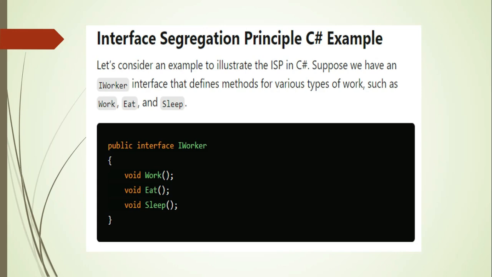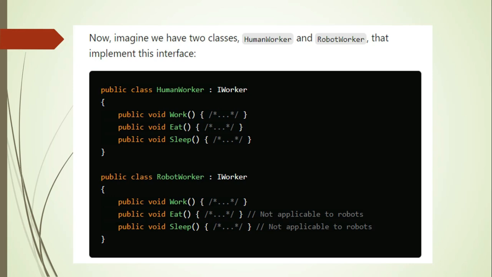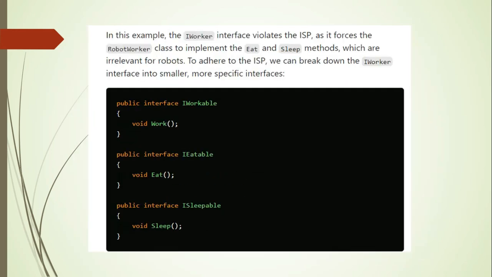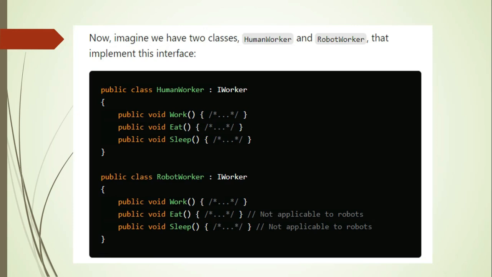Now we must define the derived classes, the clients, which will implement these behaviors in detail. So we have a public class HumanWorker inherited from IWorker, a public class RobotWorker inherited from IWorker, and we can take many other classes also. At the moment we have two classes here derived from IWorker.